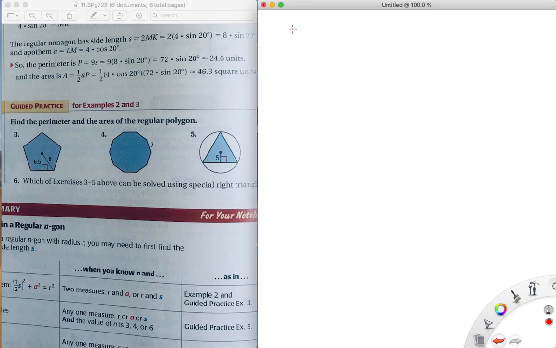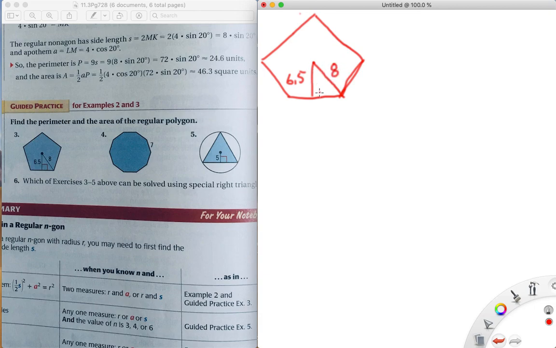I'll try my best to draw a pentagon, but you guys know that my best when it comes to drawing sometimes just is not good enough. Alright, my version of a pentagon. We have it from the center down. This is 6.5. And then we have an 8 over here.